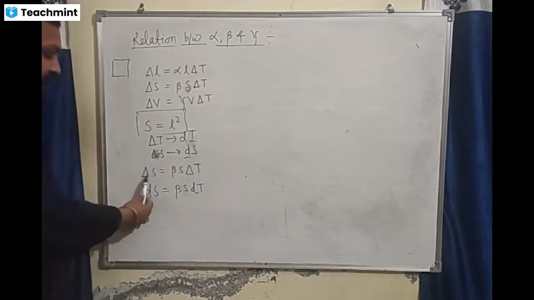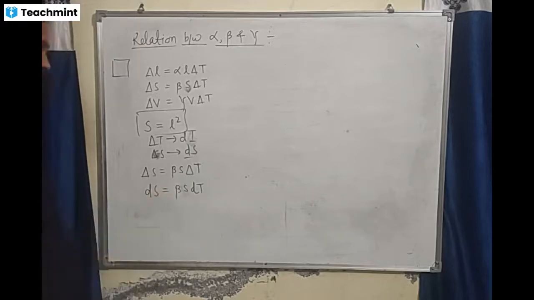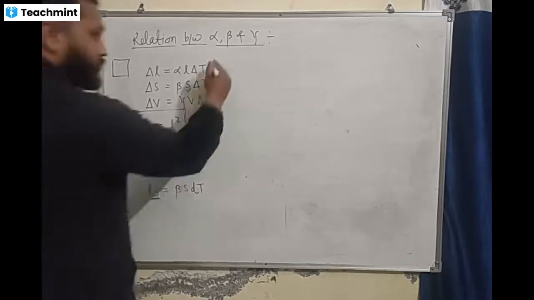The relation is delta S equals beta S delta T, so we can write dS equals beta S into dT. Now we need to find the value of dS.